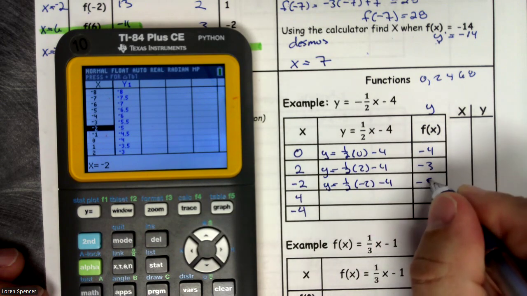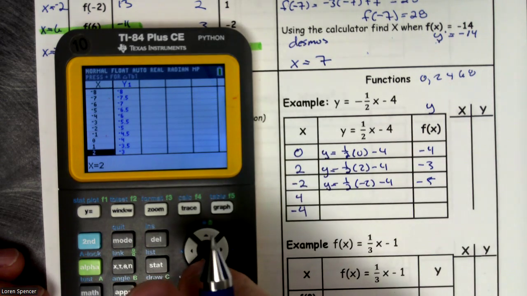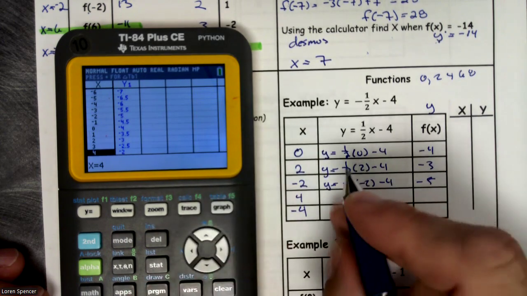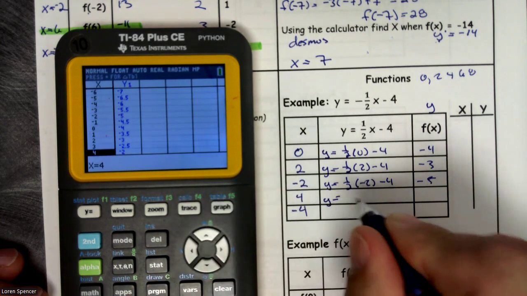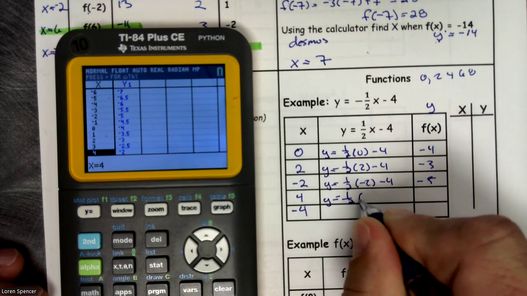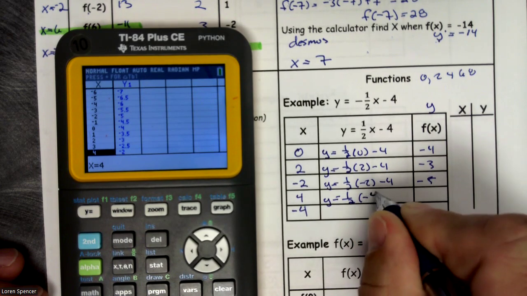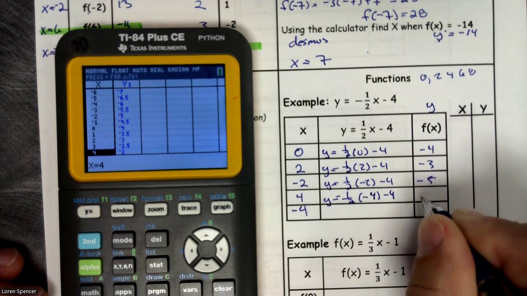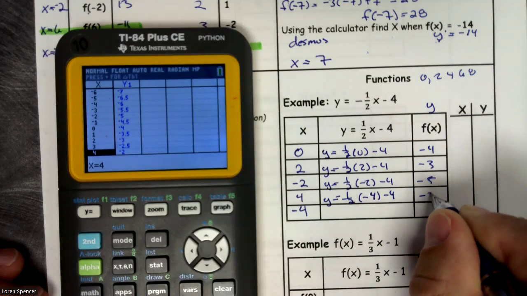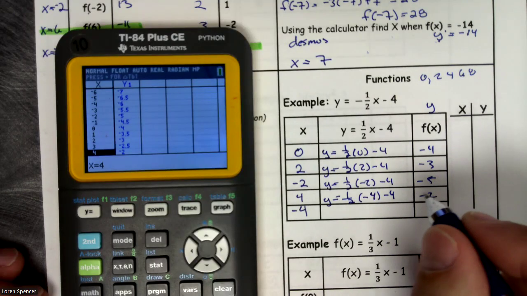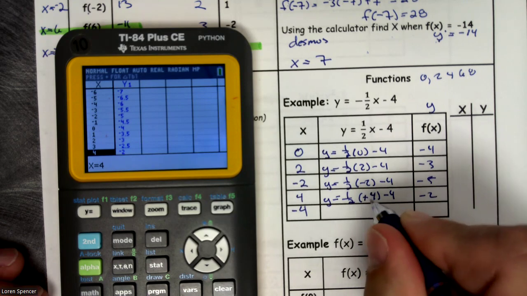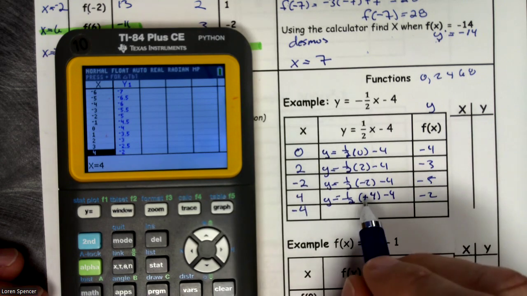And that gives me -5. And finally, we're going to do the last one, which was at 4. And we have y equals 1/2 times 4 minus 4. And that gives me -2. Oh, I mean +4, excuse me. That's supposed to be a +4.